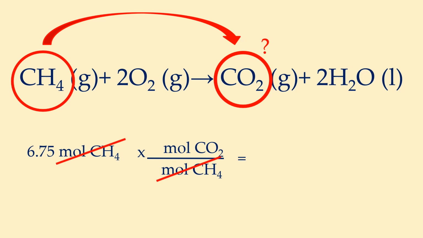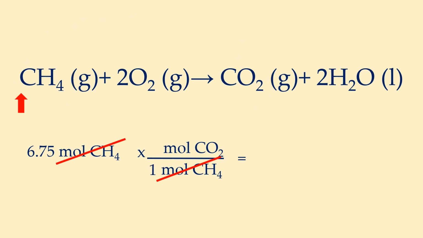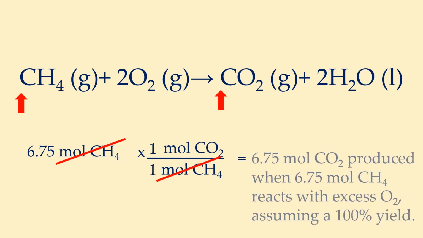According to the balanced equation, 1 mole of methane reacts to produce 1 mole of carbon dioxide. This calculation gives us 6.75 mole of CO2 produced when 6.75 mole of CH4 reacts with excess O2, assuming a 100% yield.